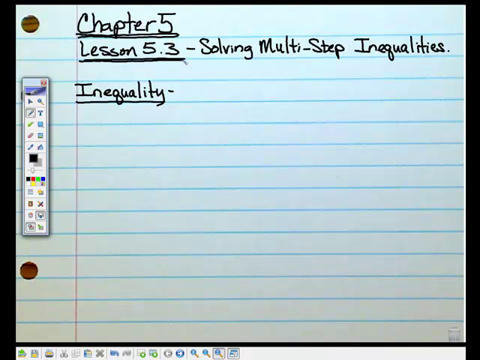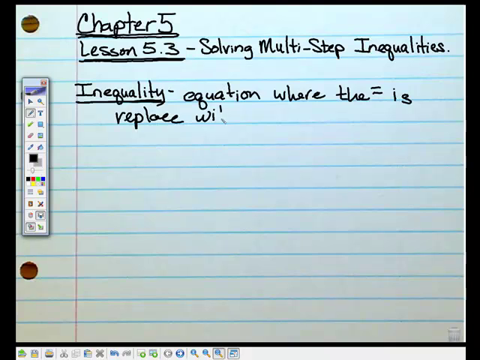First thing we'll do is define what is an inequality. And an inequality really is an equation, or at least it can be treated the same as an equation, but it's an equation where the equal sign is replaced with an inequality symbol.